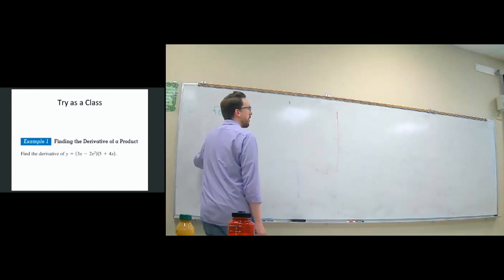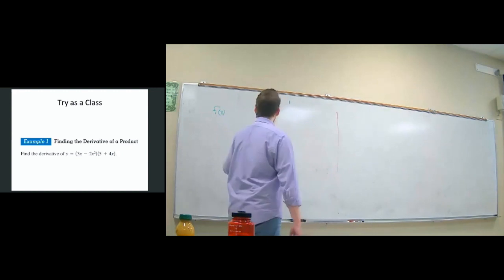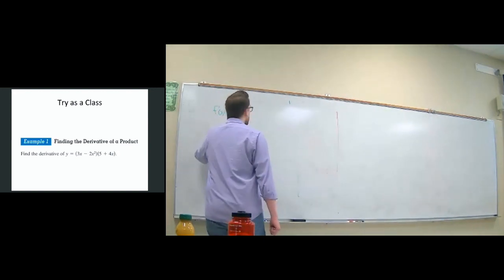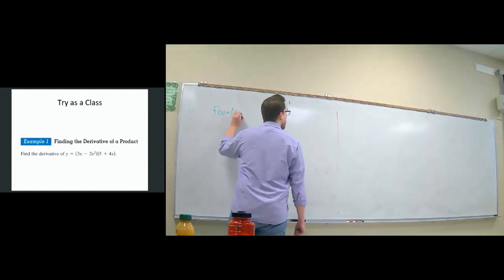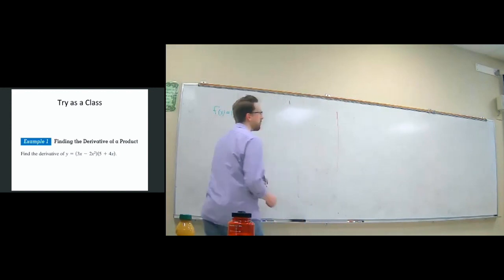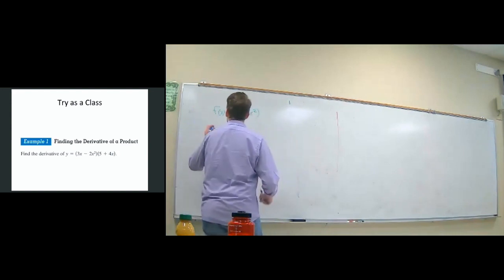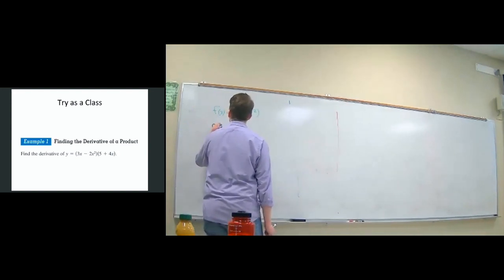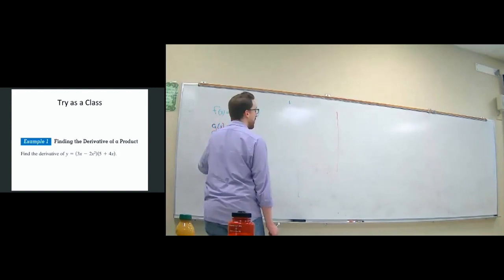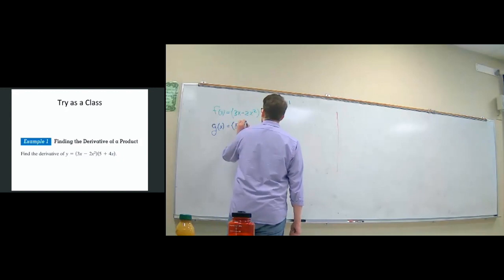F of x will be that first factor, so it's going to be 3x minus 2x squared. That's convenient. Let's just stick with that. G of x is going to be equal to 5 plus 4x.